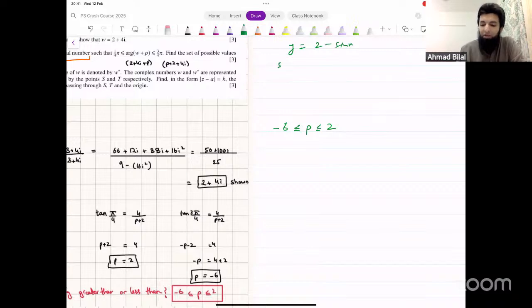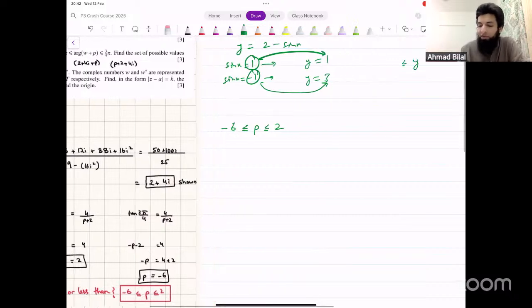If you input sine x equal to 1, that gives you y equal to 1. If you input sine x equals -1, the other extreme point, that gives you y equals 3. So the smaller value is given the bigger value, the larger value is given the smaller y value, but you still say that the range is between 1 and 3.